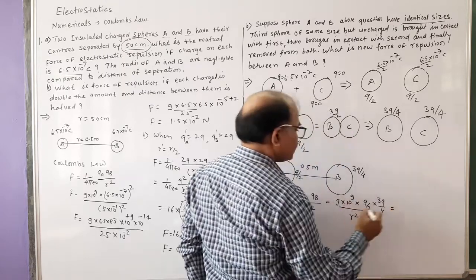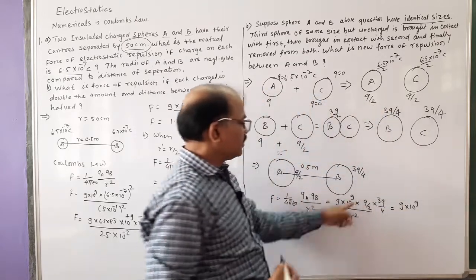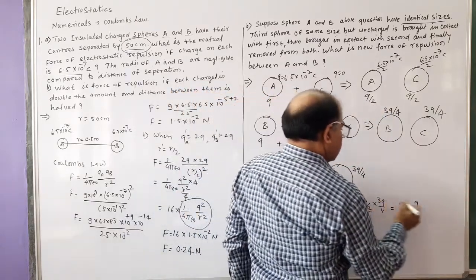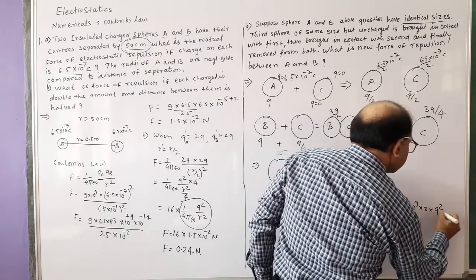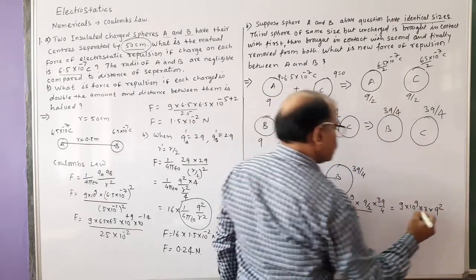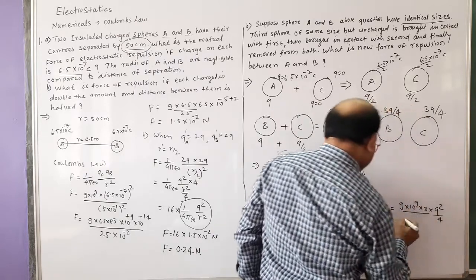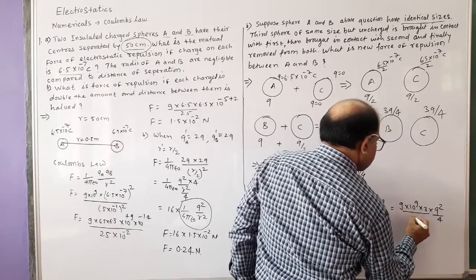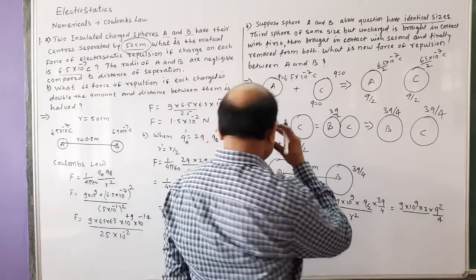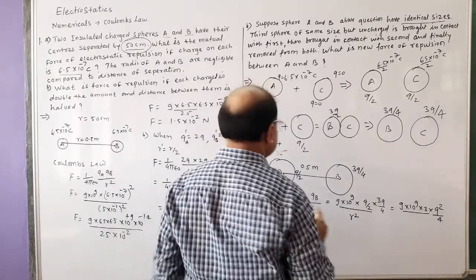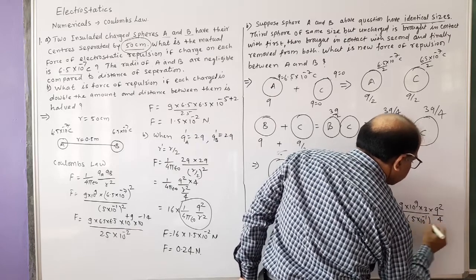We can simplify first: it is 9 × 10^9 into 3 × Q squared divided by 4, divided by R squared, where the separation distance is (5 × 10^-1) squared.